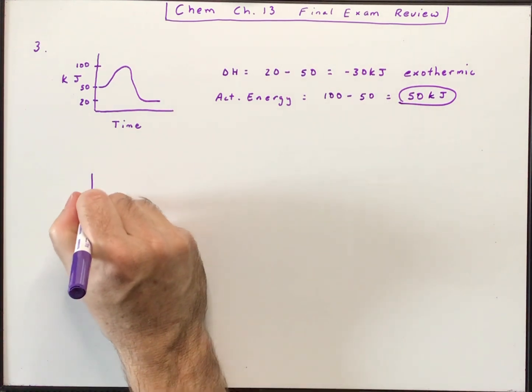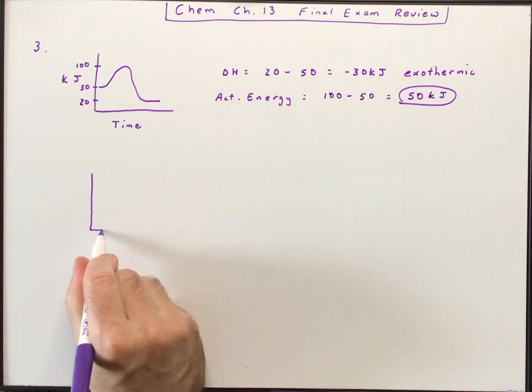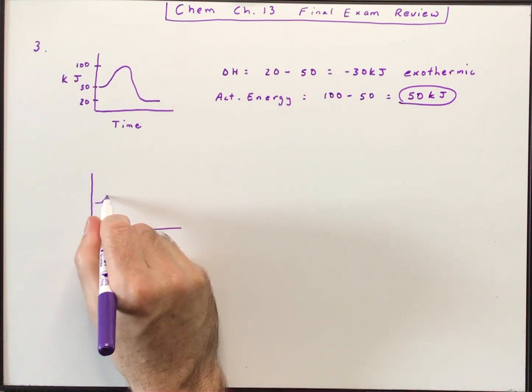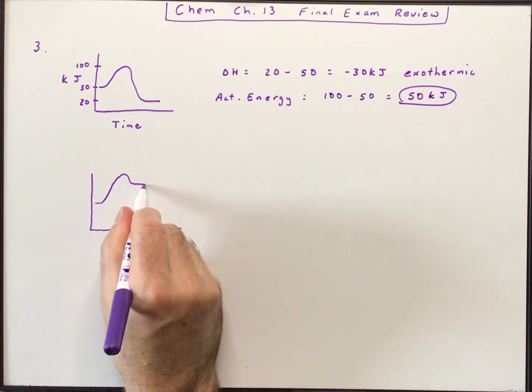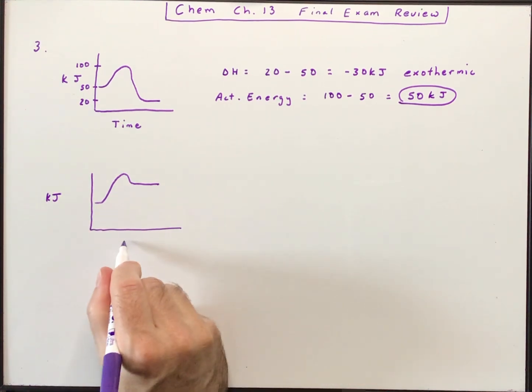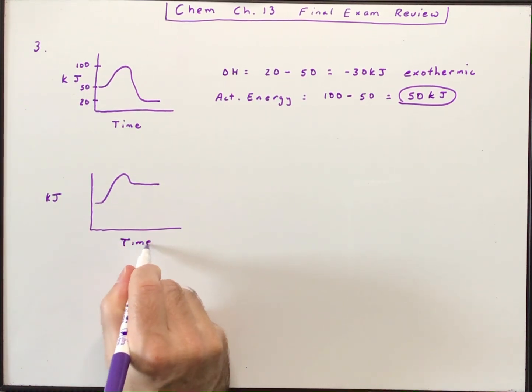All right, let's do one more. This time, let's do one that looks like that. So we have kilojoules on the y-axis, time on the x-axis.